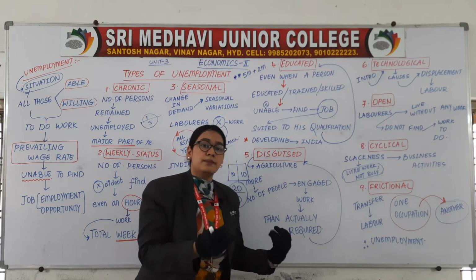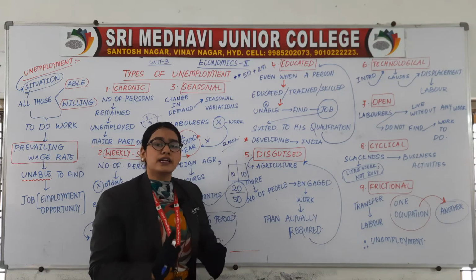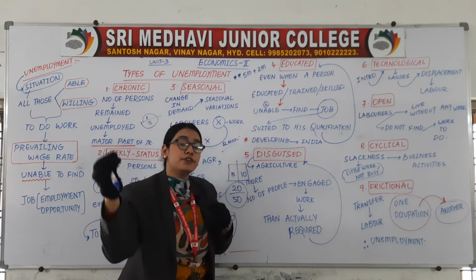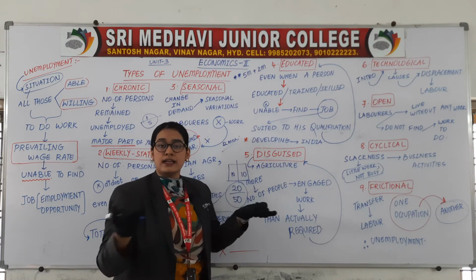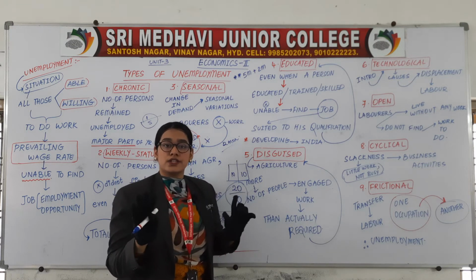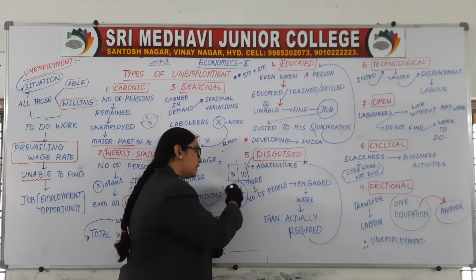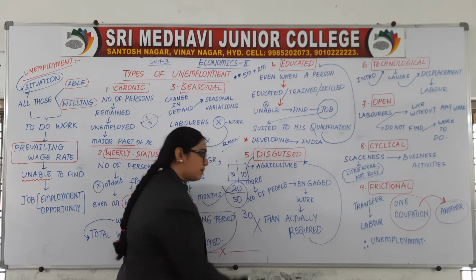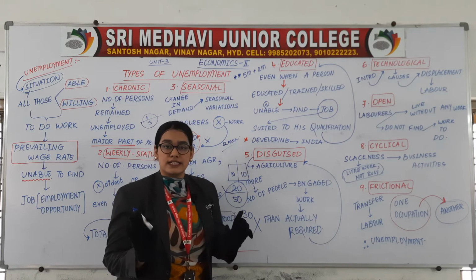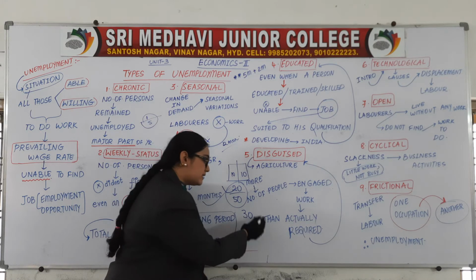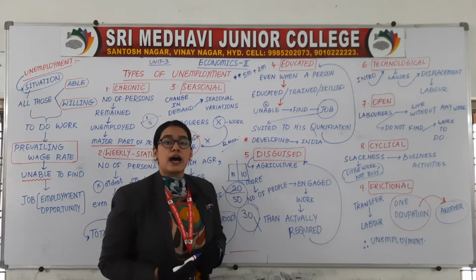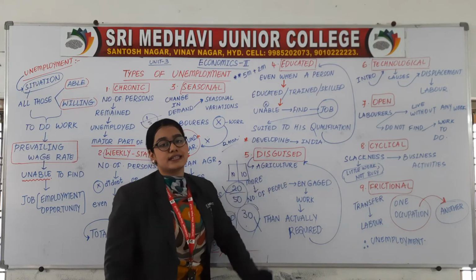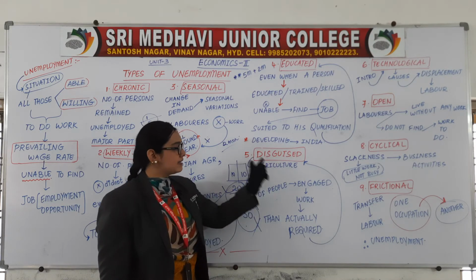Even if I keep 50, I will get the same productivity because my land is this much. In place of 20 workers, if 50 workers work on the land, my productivity will not change. So I will keep only 20 farmers and the remaining 30 I will not keep on my farm because I am not in need. 20 are sufficient. So these 30 members are now unemployed. Which kind of unemployed are they? Disguised unemployment. Okay, let us recall it.